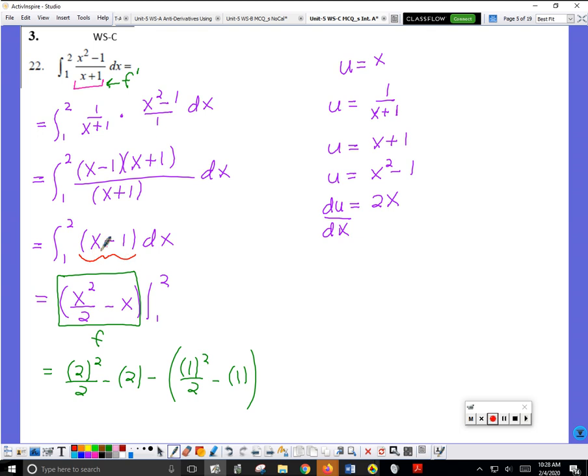Because these two terms are adding, I can do them separately. It's never allowed if it's multiplication or division, but adding, subtracting. So this is x to the first. So the rule sheet says this becomes x squared over 2. The antiderivative of 1 is just x. 2 points, Justin? Same thing. 2 points as well.